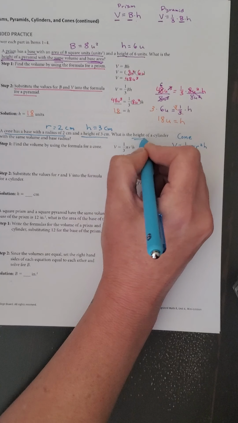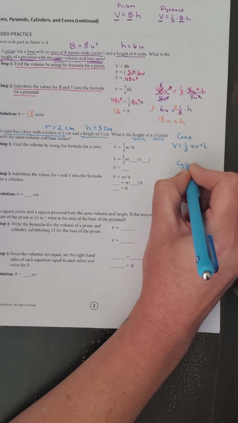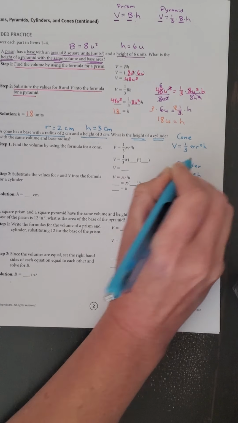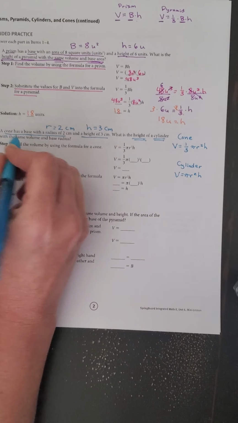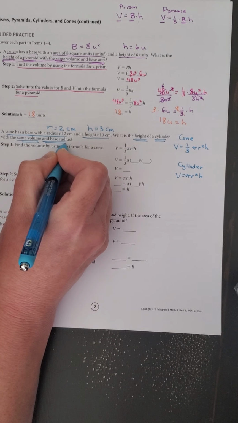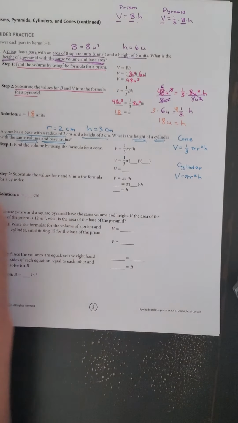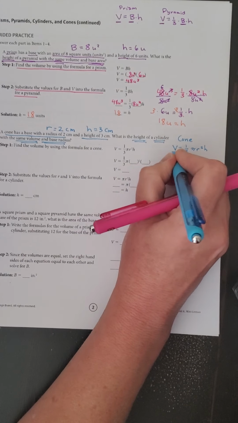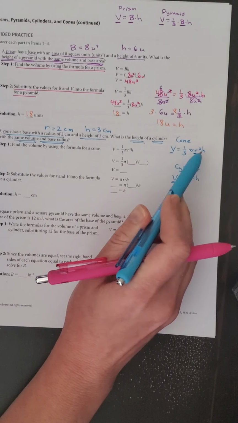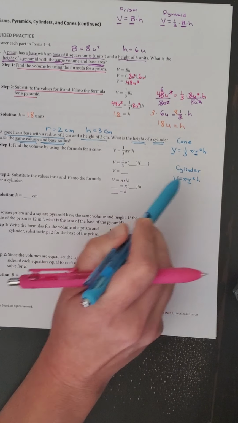So we're going to be looking for the height of a cylinder, using the cylinder formula, which is pi r squared h, with the same volume and base radius. So that means my volume is the same and my radius is the same. Clearly this must have a height that's 3 times larger than this height.